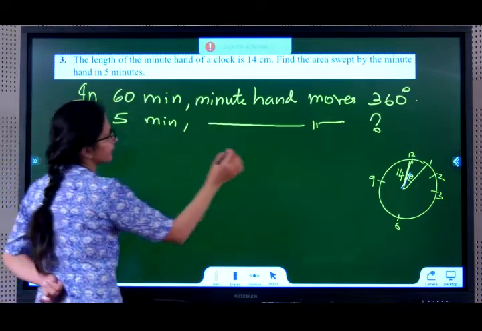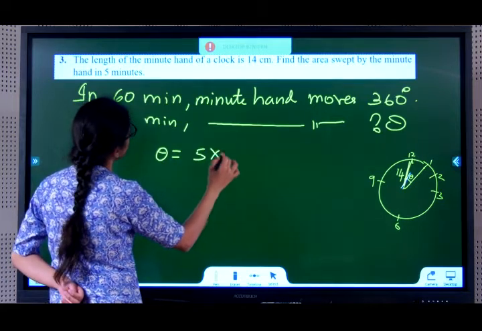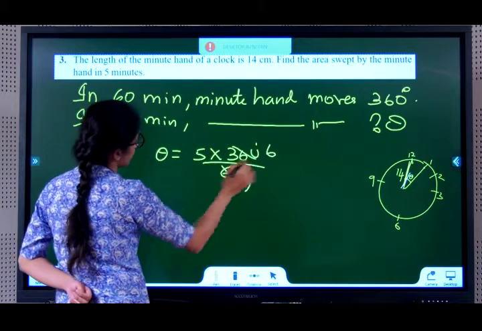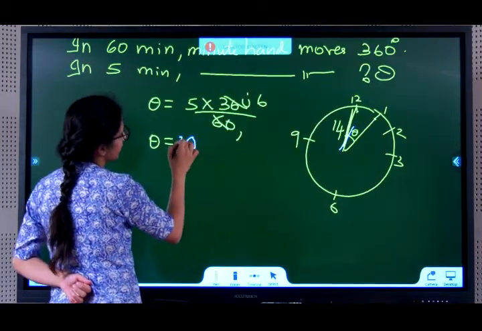We can find that, and that is nothing but the theta. So theta is 5 into 360 by 60. 360 by 60 is 6. So theta here is 5 into 6, 30 degrees.